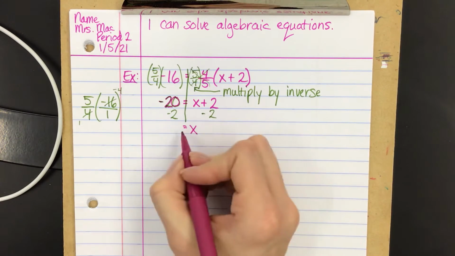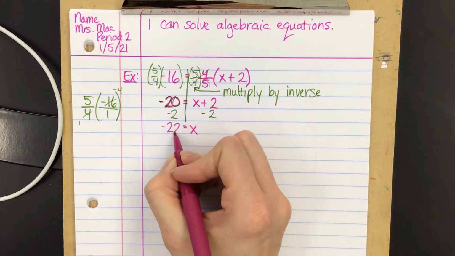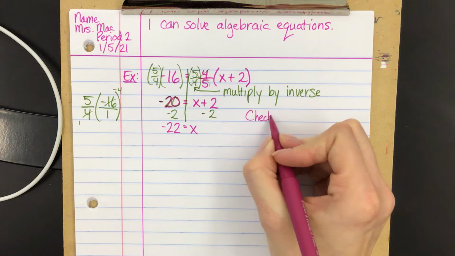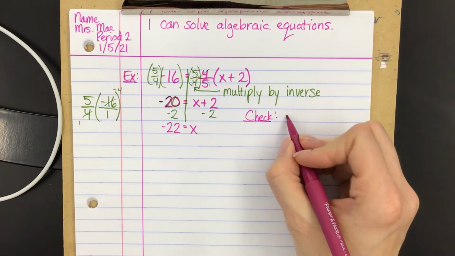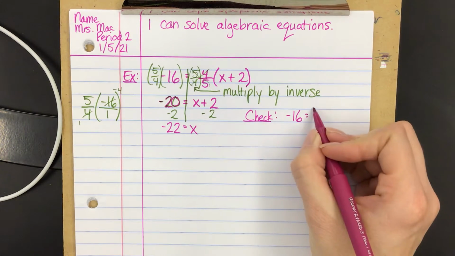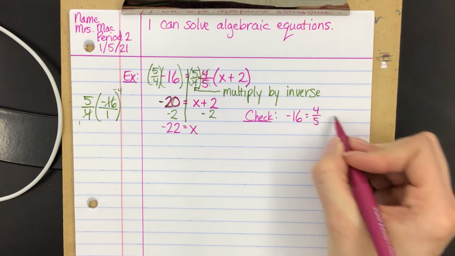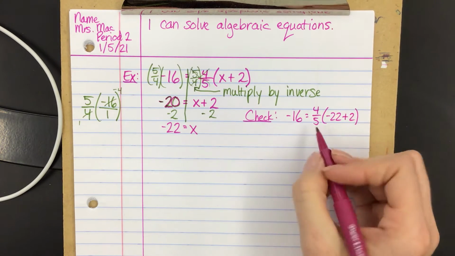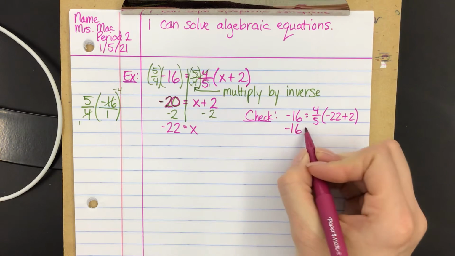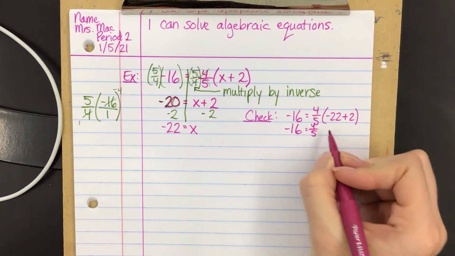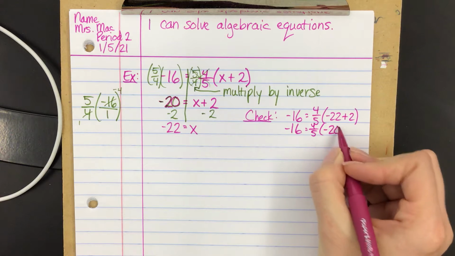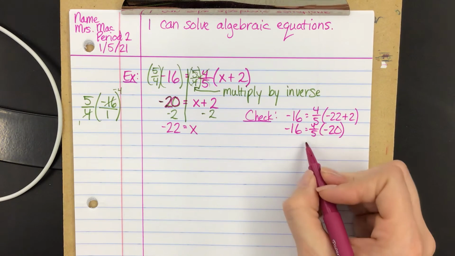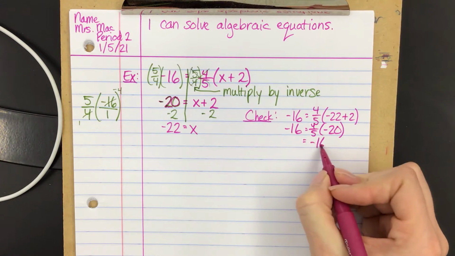And we get that x is equal to negative 22. Let's check it real quick to make sure we're good. Okay, so 20 divided by 5 is 4. 4 times 4 is 16, and that's a negative 16.